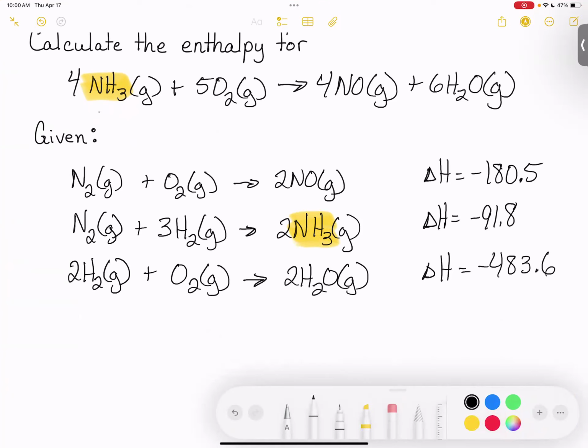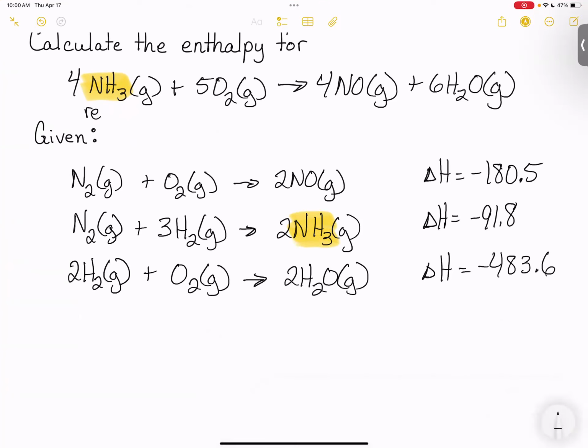Here, the gas is a reactant. But here, the gas is a product. So one of the things I'm going to have to do is flip this equation, which I'm marking with an F.